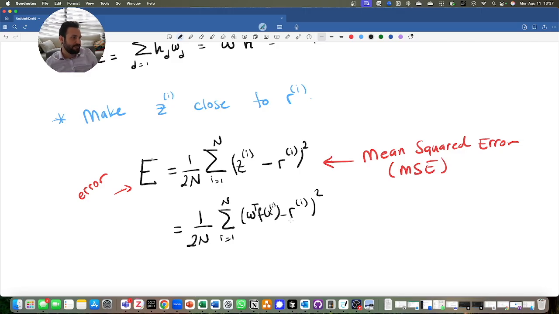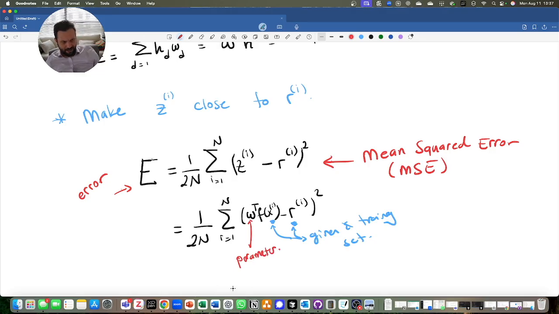So I have here the things that are given to me. So this is my given training set. And this W is my optimization parameter, right? So this is my parameter.